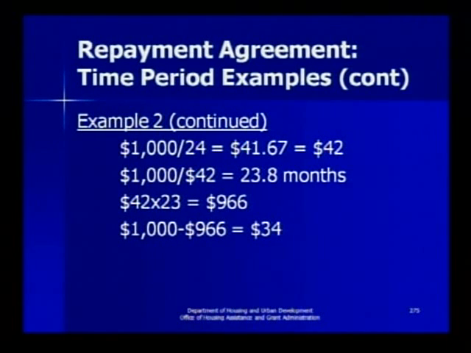It's not clean, so the $42 per month multiplied by the 23 months will then give you a figure of $966, and when subtracted from the original $1,000, the final month's payment will only be $34 to cover the final expense to get to your $1,000 repayment.